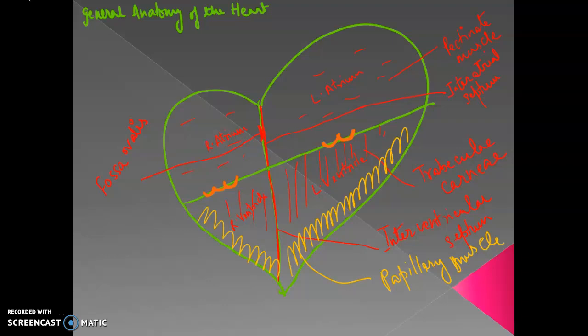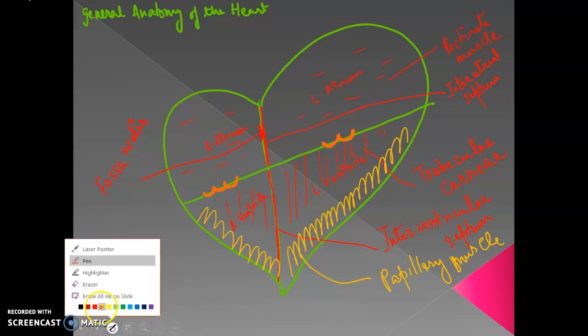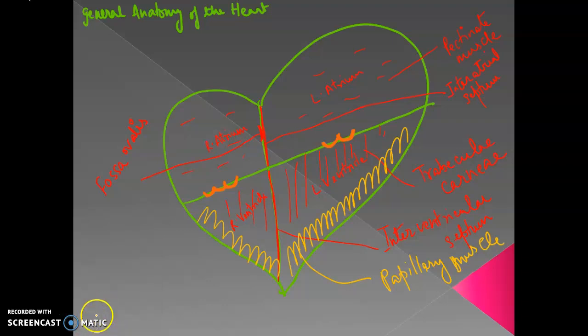All right. Now, how are the right atrium and the right ventricle connected? Well, if you see the orange lines, they represent valves. So in between the right atrium and the right ventricle, this is called tricuspid valve.